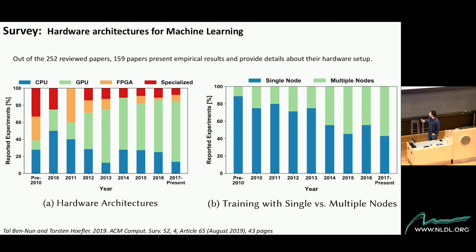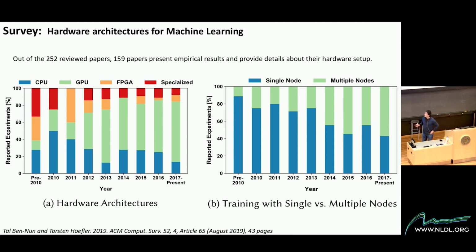On the right side, you can see the difference between the colors, single node and multiple nodes, which means running machine learning on multiple nodes. And you can see that there was a growing need over the last 10 years for using multiple nodes. This is a clear indication that the increase of the data set requires using a really large system, because it offers the possibility of running on multiple nodes, meaning many GPUs.